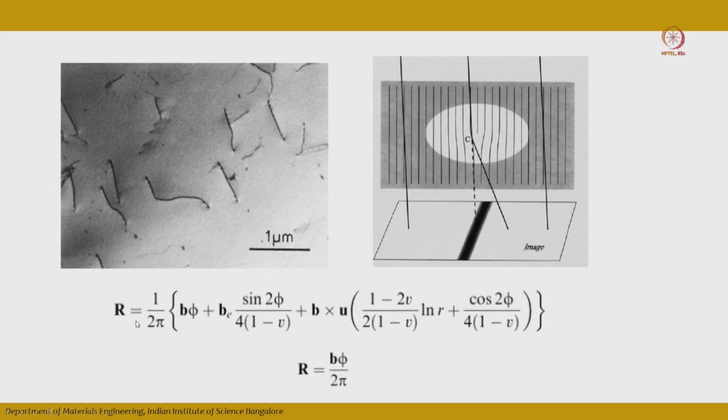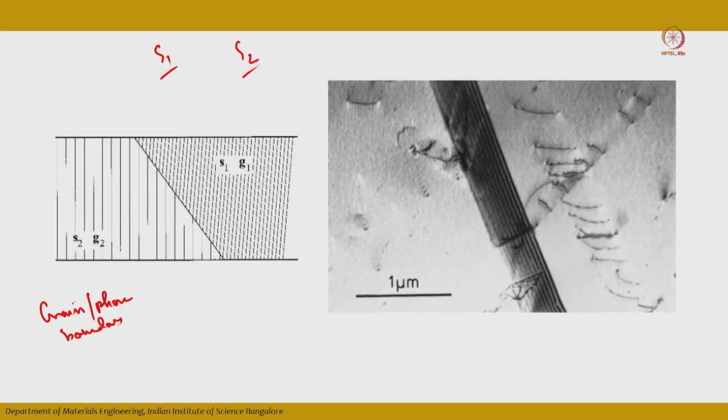So, if there is a grain boundary, what will happen? There is a change in the orientation of the grain while going across the grain boundary when you have an incident beam.